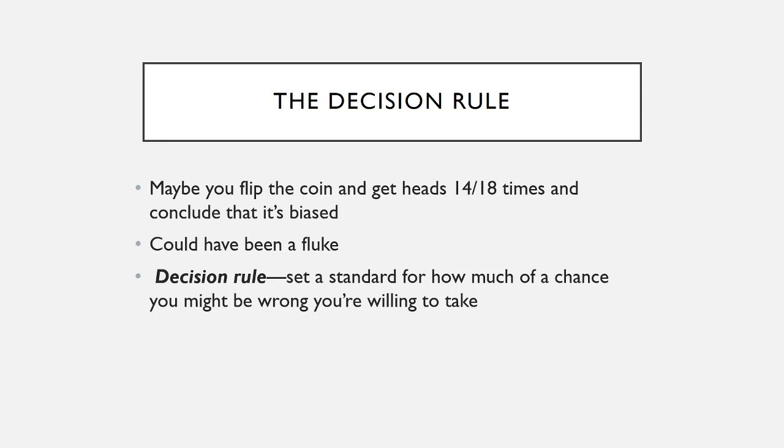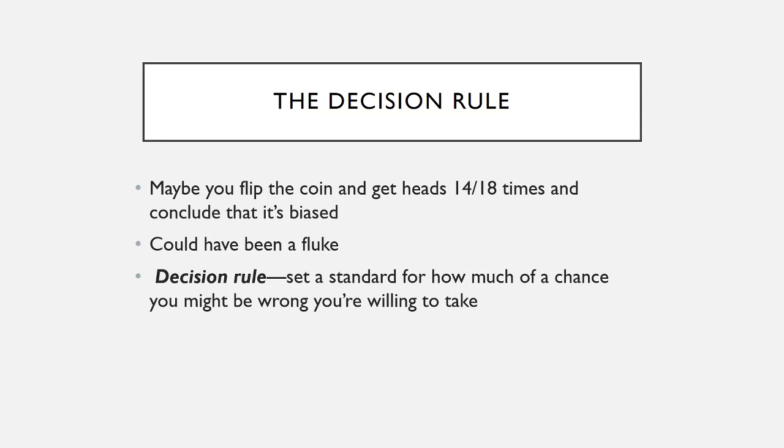So this is your decision rule. This is you setting a quantified standard, here at step 2, before data collection and analysis, for what percentage chance of getting a fluke you're willing to accept before pulling the trigger and saying you found an effect.